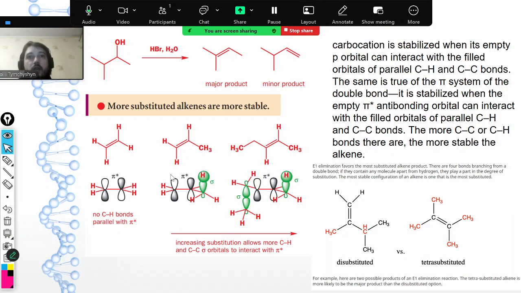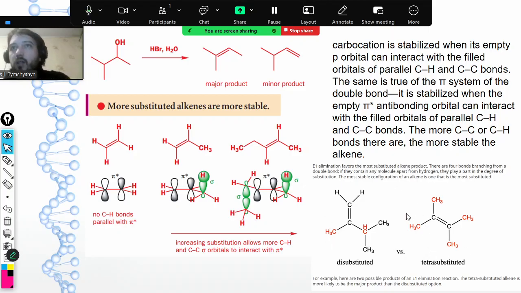And here we have some increased substitution. Here you see that this thing is planar, and you see these hydrogen atoms and these sigma bonds. They are more or less parallel to the pi star, and this is the increasing substitution.